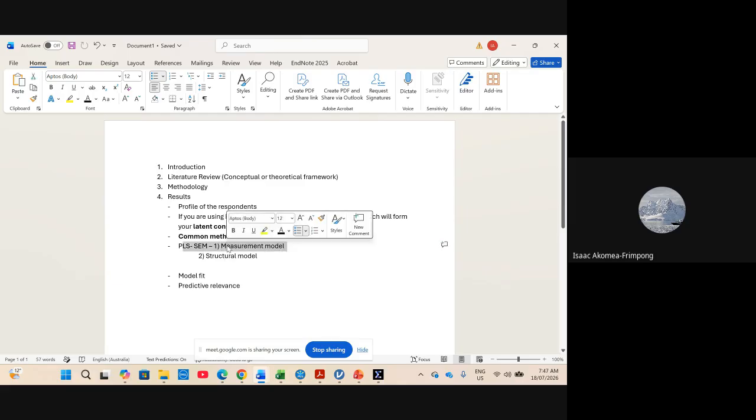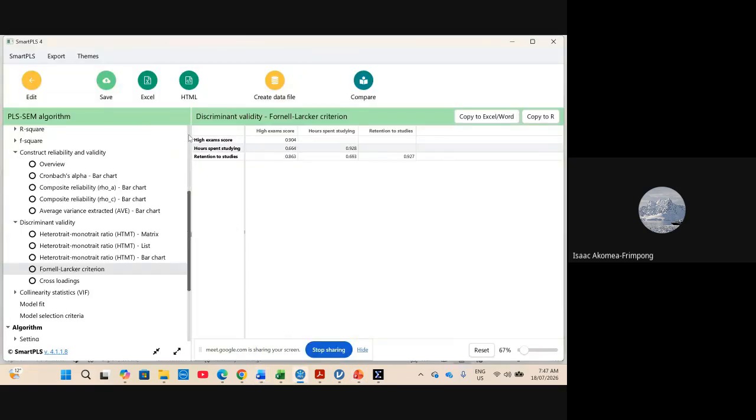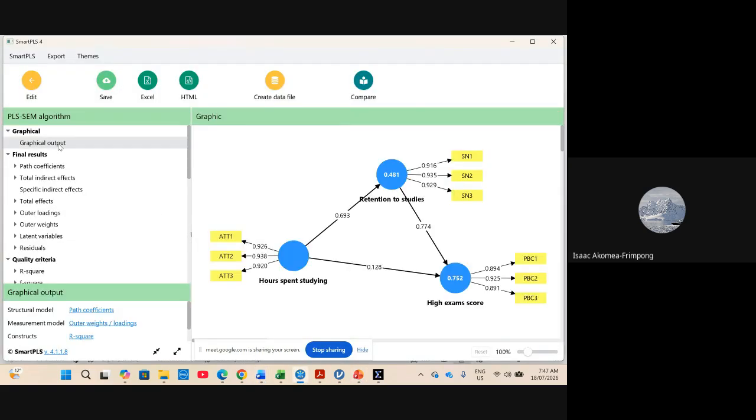Remember, the measurement model was about the relationship between the indicators, the yellow boxes and the blue circles. Now we want to look at the relationship between only the blue circles, and that's what we call the structural model.